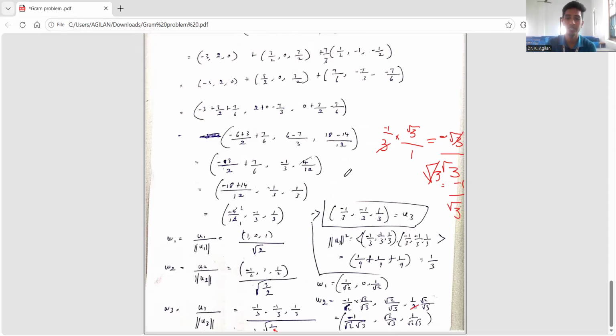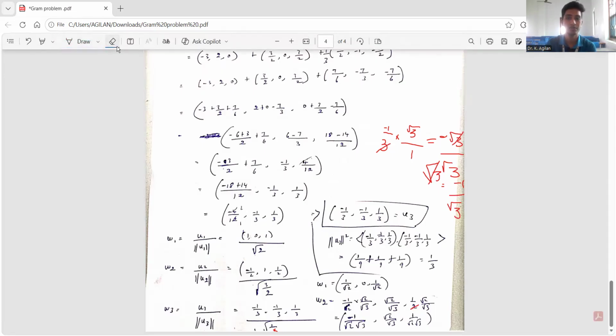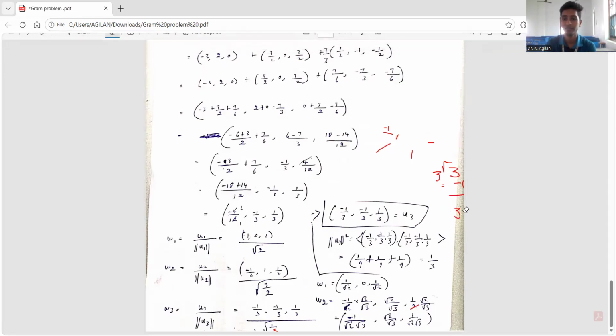So what is the W3 value? This is for your reference only. This page is missed. Okay, so what is W3?